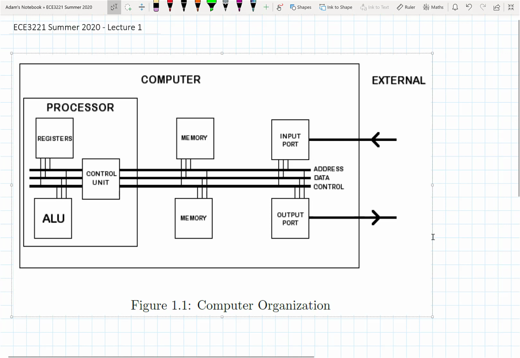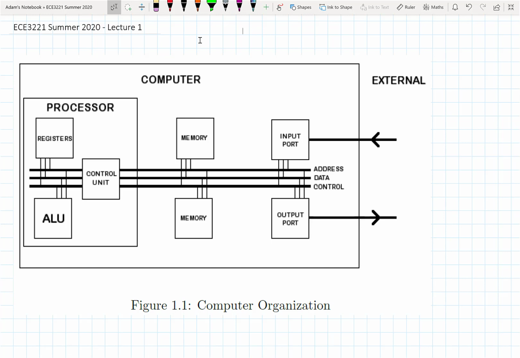Okay, so just to make reference to each of the blocks here, we're going to start by looking at some very basic digital logic components, things you've seen before, but review is always good, and we'll put them together as building blocks to the various components that we see in this diagram, starting with the registers.